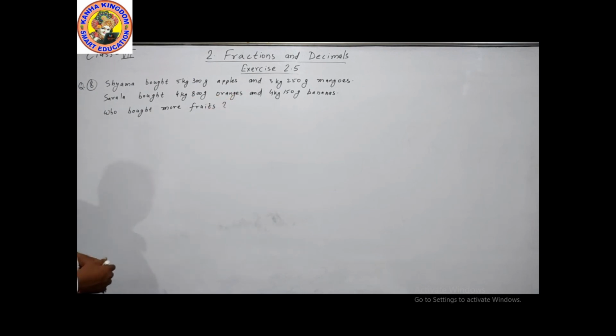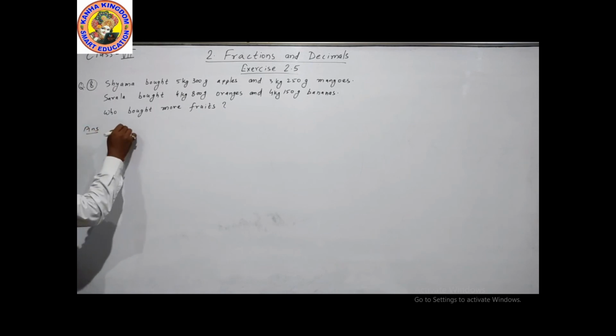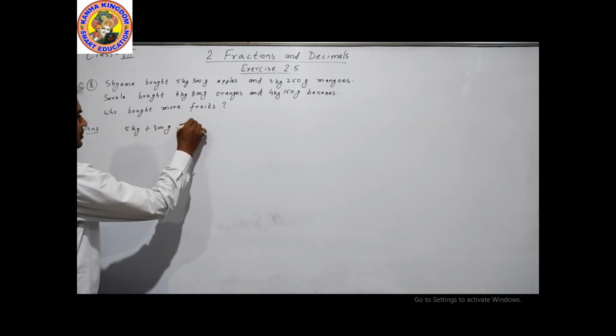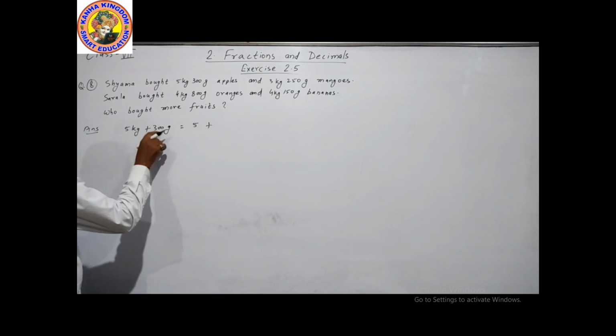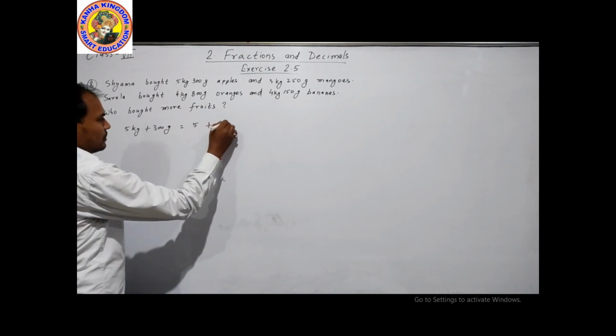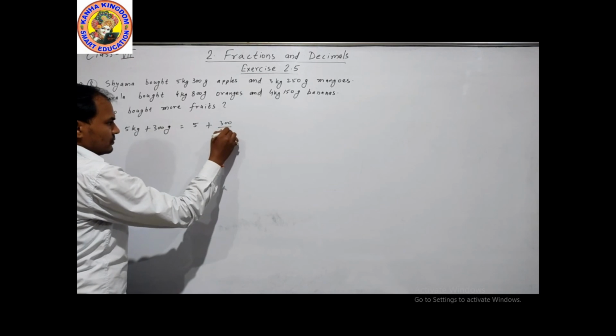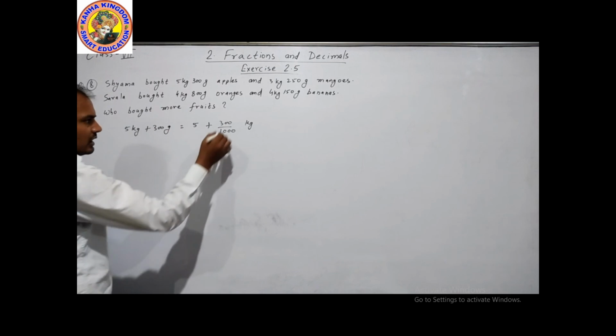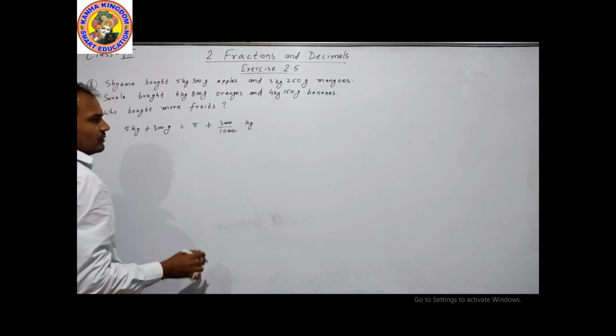So for addition we will take a single quantity, gram or kilogram. We will convert it into kilogram. 5 kg plus 300 gram is equal to 5 plus, the gram will be converted into kilogram by dividing by 1000. 20 and 20 will be cut.